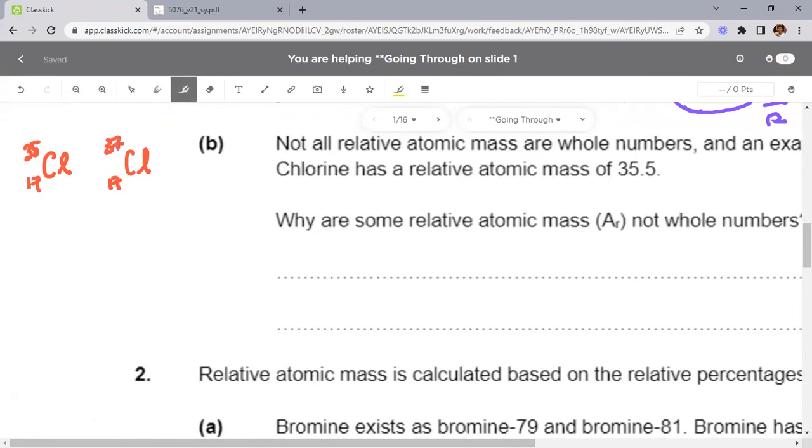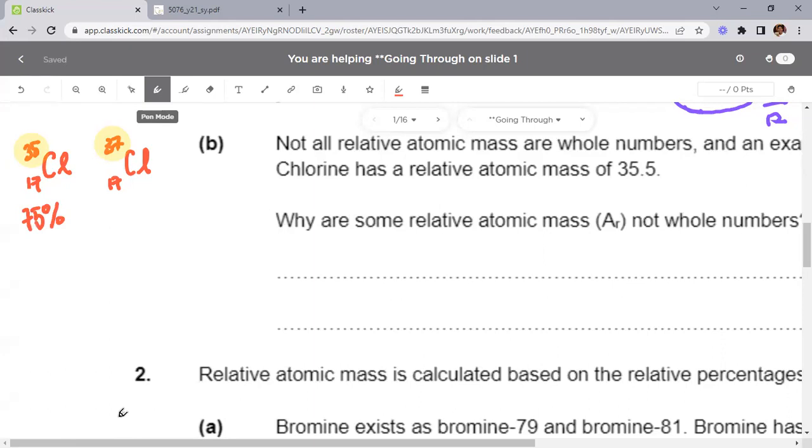These numbers 35 and 37 are your nucleon numbers. They're also your relative atomic masses. Now, the interesting thing is this. When they take a sample, they realize that chlorine-35 consists of 75% of all the chlorine in the world.